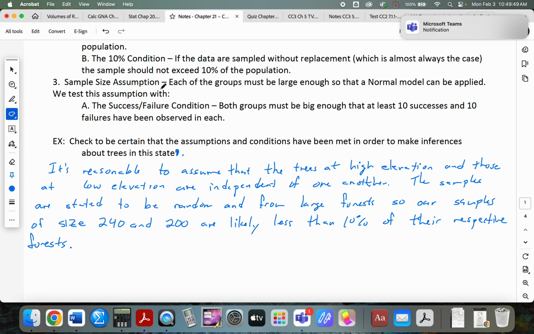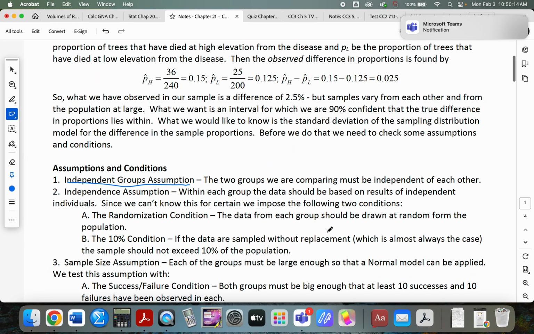And then each of these groups has to be big enough so that we get 10 successes and 10 failures. So for the low elevation, how many were there?